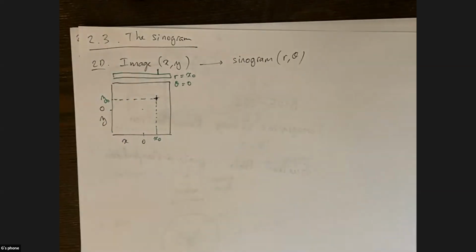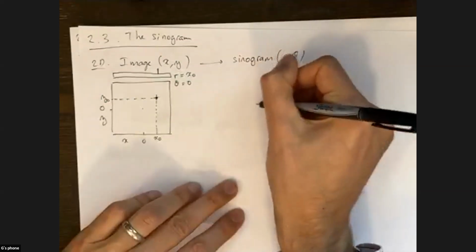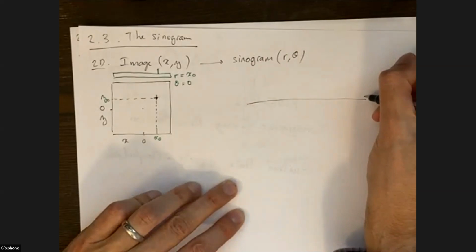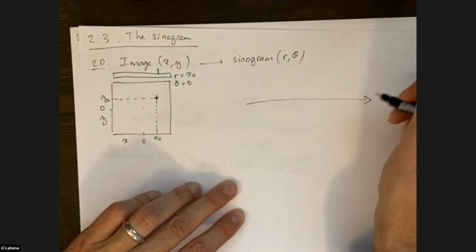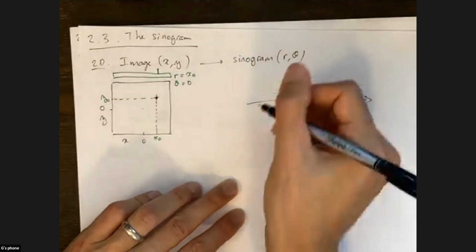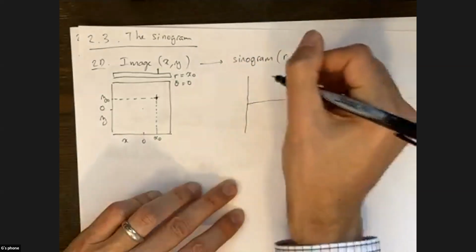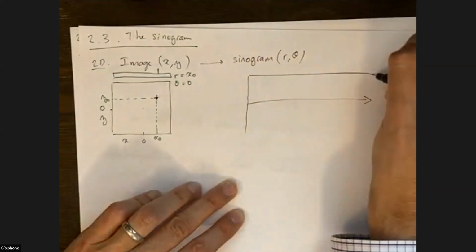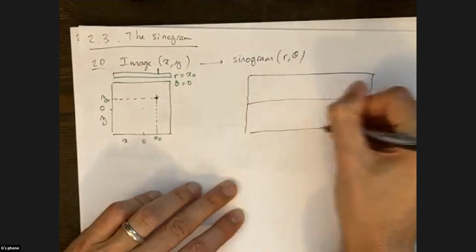So if we now draw the sinogram, maybe side by side. So I'm going to draw the sinogram here. So sinogram, remember, is R theta. Yeah, let's just do it like this. Okay.